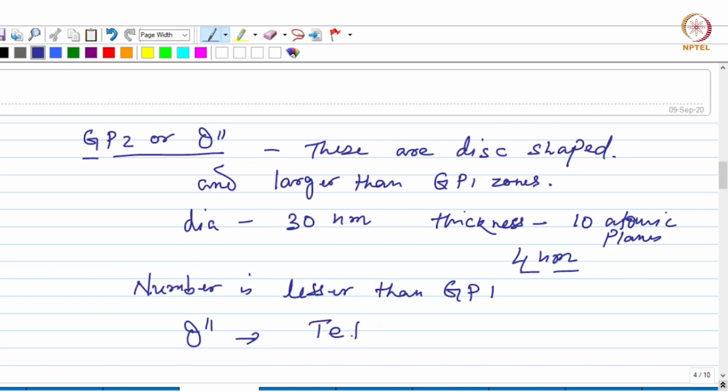This is tetragonal in terms of the crystal structure, with lattice parameter a close to that of aluminium, that is 4.05 angstrom, and c equal to 0.77 nanometer.